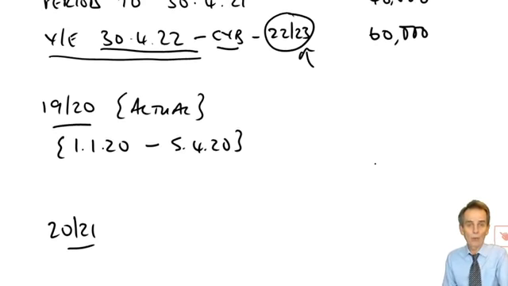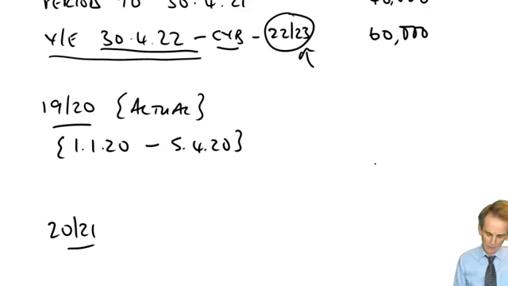Okay, let's see what we've got, therefore, in relation to the 1920 year. As we saw when dealing with a March accounting date and the same start date of the 1st of January 20, the number of months within the first tax year is 3.